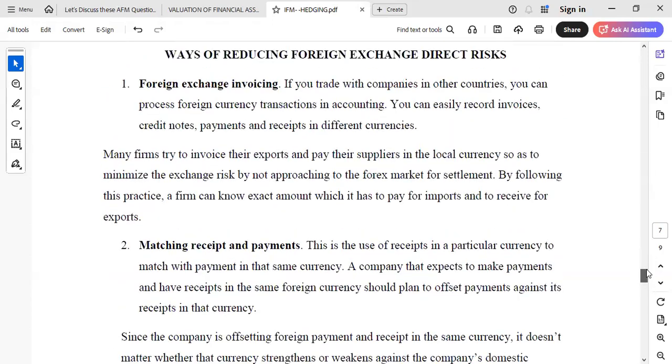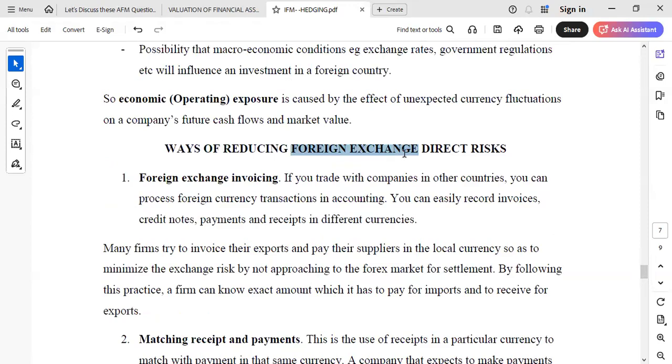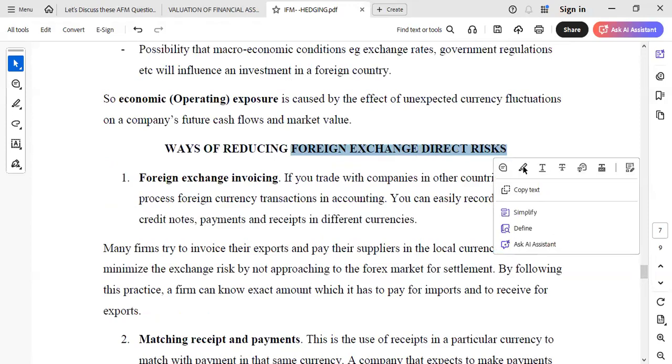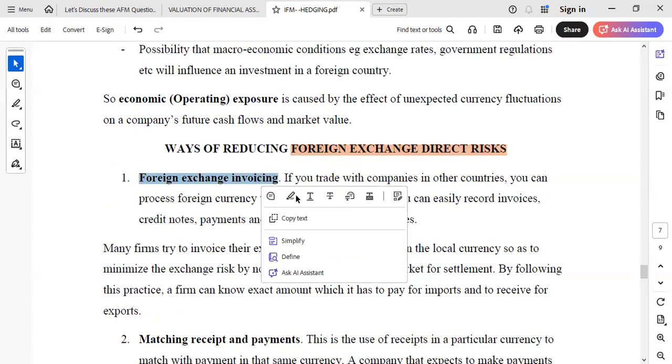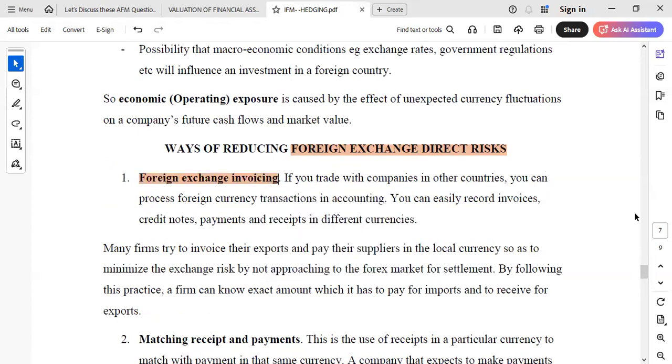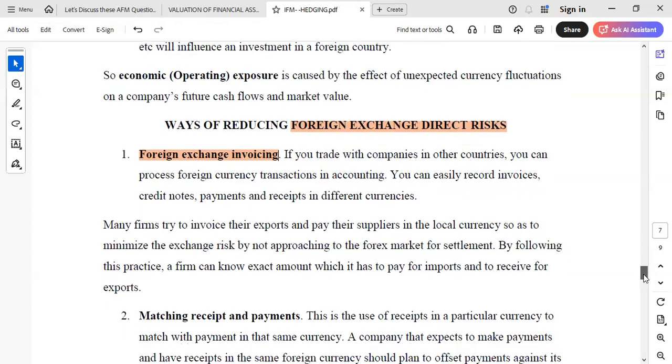Then how can you reduce those risks? You need foreign exchange invoicing. You can invoice in your home currency. You say that all the transactions, if I'm to pay, I pay in Ugandan shillings.